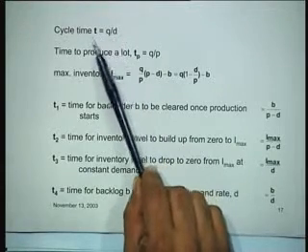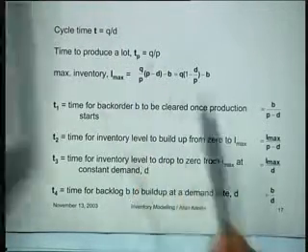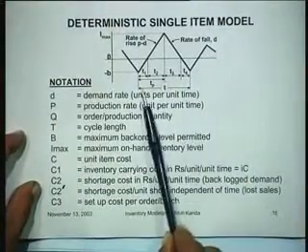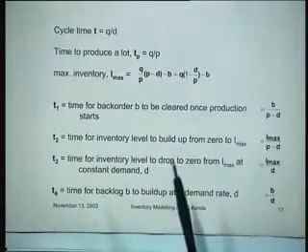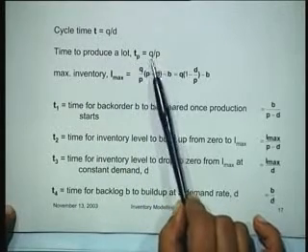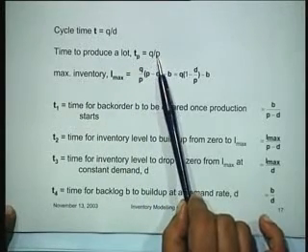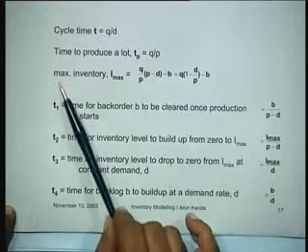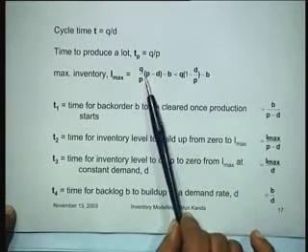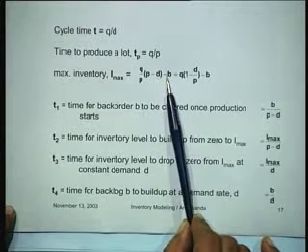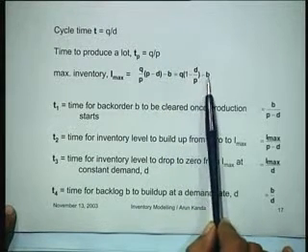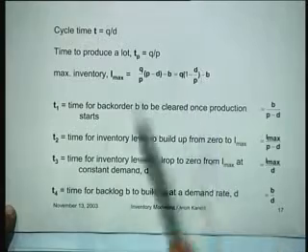So this is the expression for the total time of the cycle. And the time to produce a lot, TP, by the same logic, will be Q by P, where P is the production rate. Maximum inventory I max will be Q by P into P minus D minus B, which is therefore Q into 1 minus D by P minus B. So that becomes the maximum inventory.